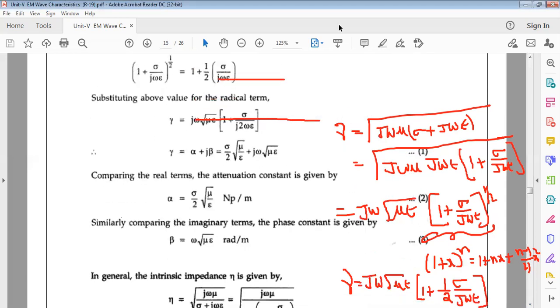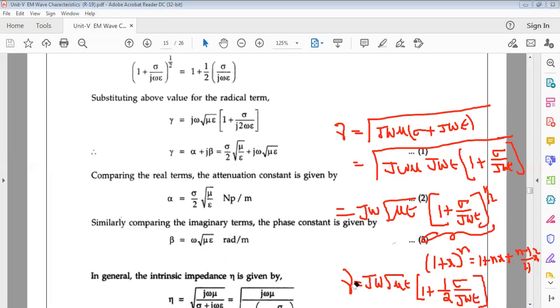So simplify the expression here. j omega under root of mu epsilon, 1 plus sigma by j omega epsilon whole power 1 by 2, we can write as 1 plus 1 by 2 sigma by j omega epsilon.